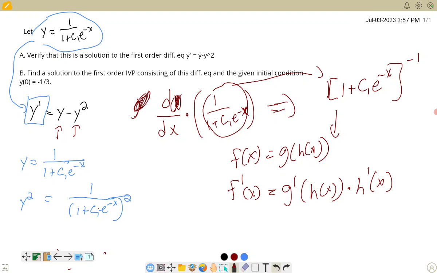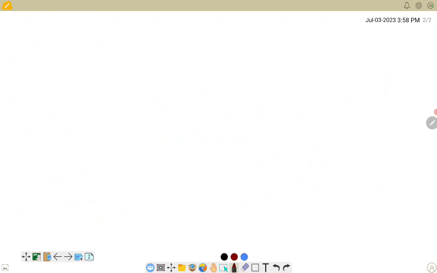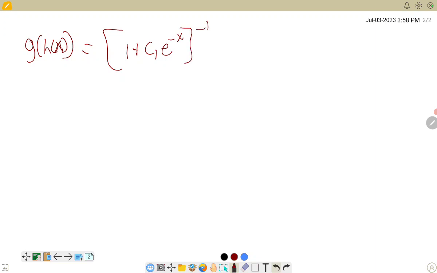So I'm going to need another screen for this, which we're going to go do. And what we have to figure out is what is g and what is h. So g of h of x, we want g of h of x to be equal to 1 plus c1 e to the minus x, to the minus 1 power.